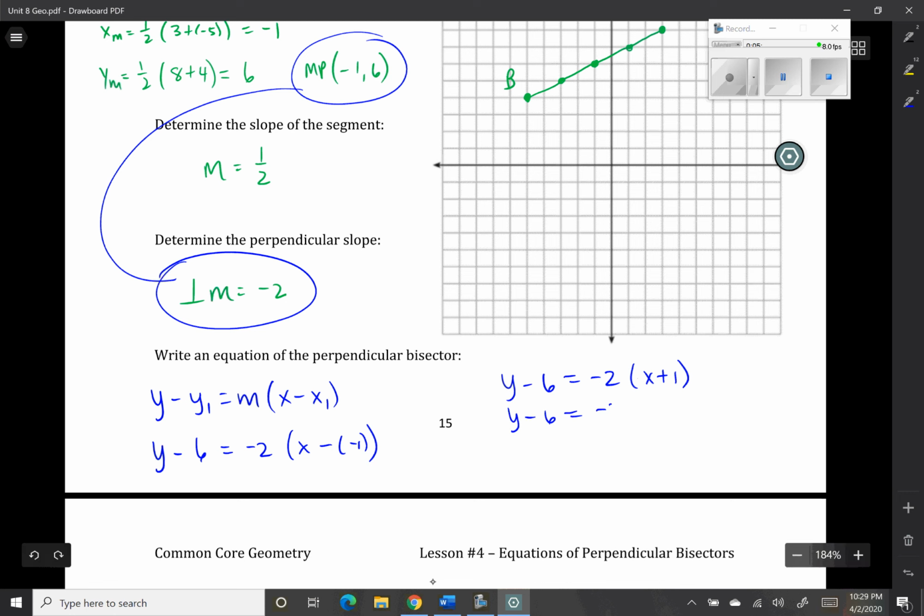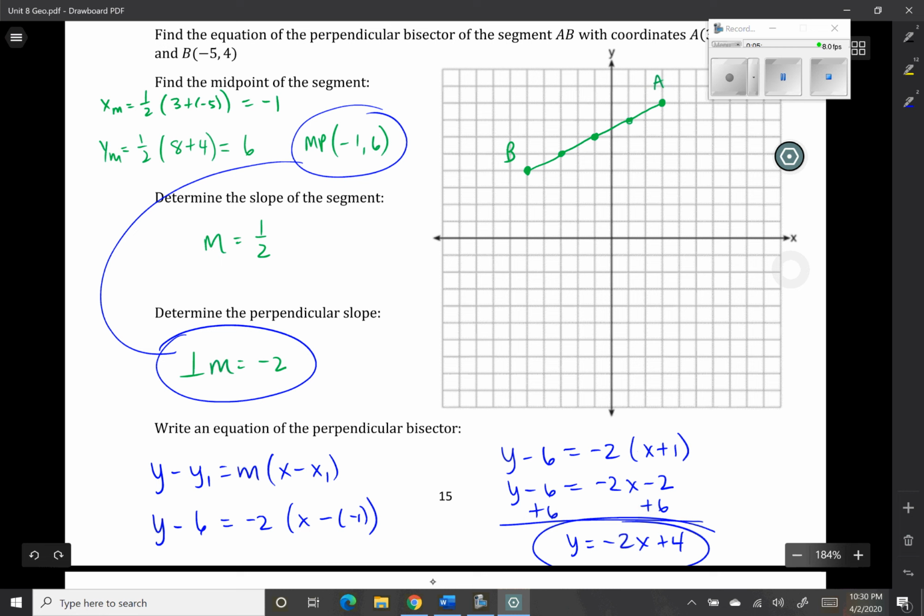So we'll get -2x minus 2, add 6, and we have the equation of the line as y equals -2x plus 4. So if I was to graph that, so here's plus 4, 1, 2, 3, 4, down 2 to the right 1.